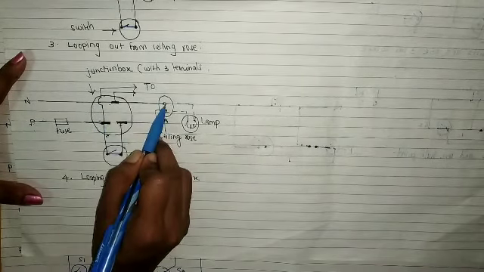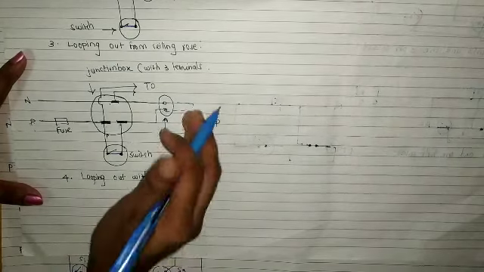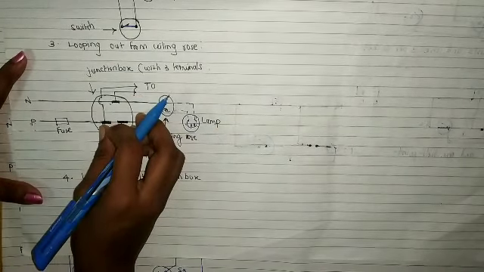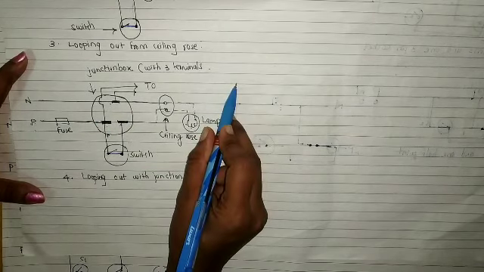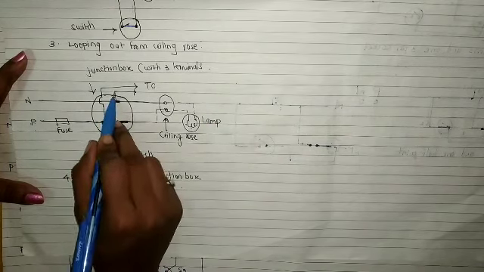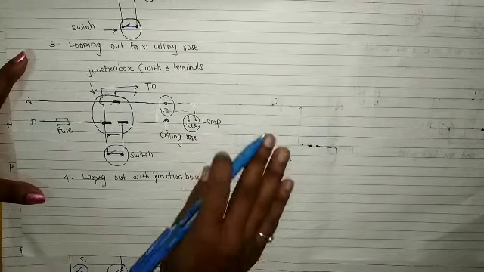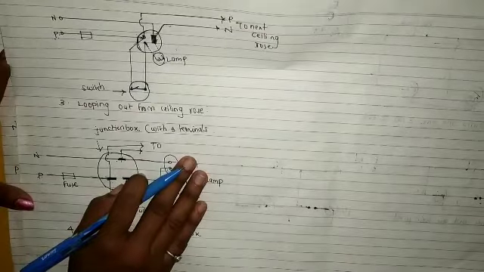Okay, so this is about the phase. And neutral is given to this terminal, and then to the ceiling rose, and then to the lamp. So we have to loop this from the junction box itself. So what we'll do, from this terminal we'll take phase and give it to the next junction box, and from this terminal we'll take the neutral and give it to the next junction box. So this is about the house wiring methods.